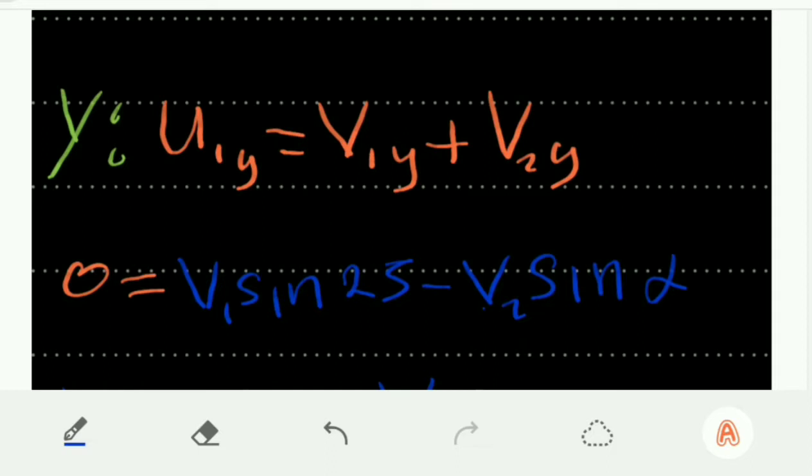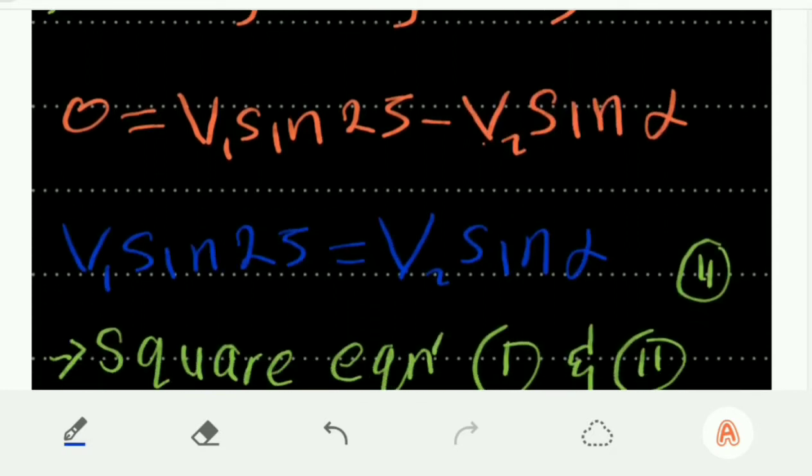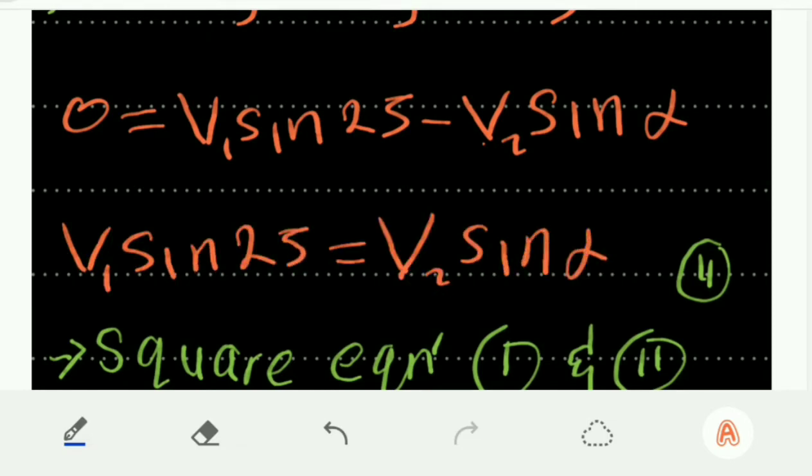So we have 0 equals v1 sine 25 minus, because it's heading towards the negative y-axis, v2 sine alpha. You can rewrite this in this form, and it becomes our equation 2.